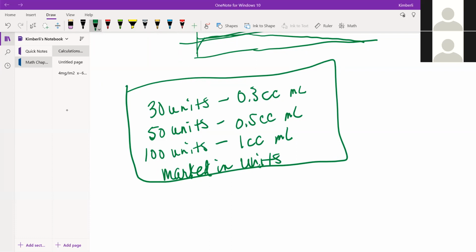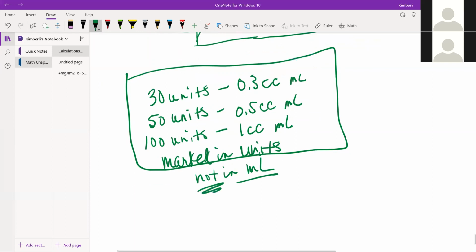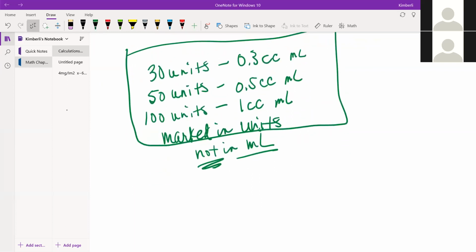Yes, it's for the patients, because patients don't understand the difference between units and cc's. So these insulin syringes are not marked in milliliters or cc's, so that way they don't get confused, because 30 units is 0.3 cubic centimeters or 0.3 milliliters. So if they're pulling up 30 units, we don't want it to say 0.3 mLs, because that will just confuse them. They'll be like, no, I need 30, and they won't think that that's enough.